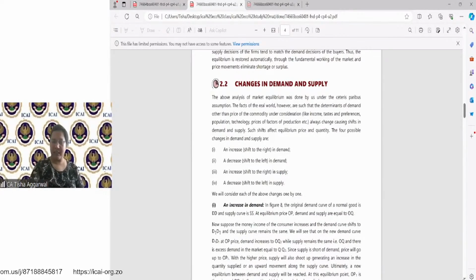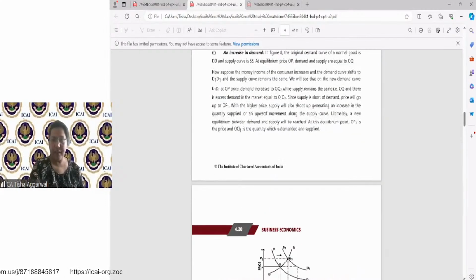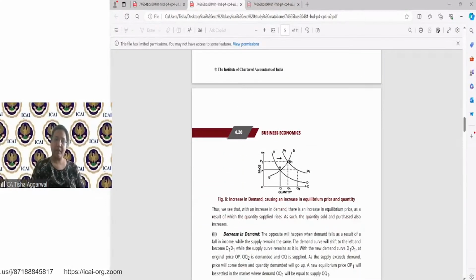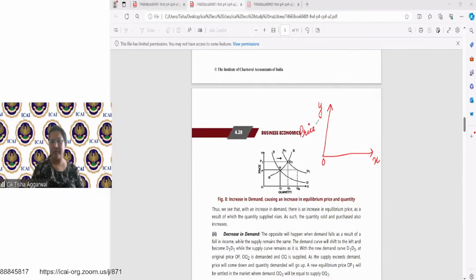So now let's understand if there is an increase in demand. Okay. So let's say, do not look at the diagram already in the book. I will make a new one for you for a better understanding. And this is why I was asking you to get two different color pens. Look at this. It's a price here. It's a quantity here.